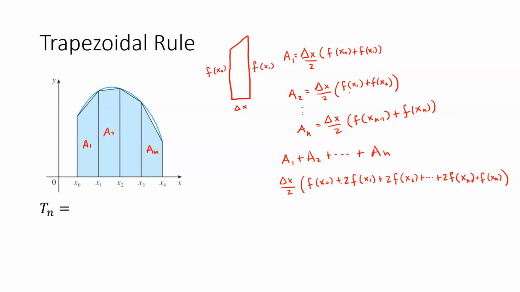Anyway, so here is our trapezoidal rule. Right, it's delta x over 2, f of x0, and then all the ones in the middle will have a coefficient of 2. So 2f of x1 and so on, out to 2f of xn minus 1, and then the last one, f of xn, has no coefficient of 2.